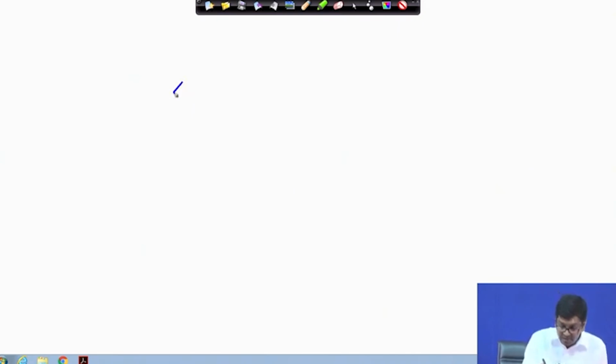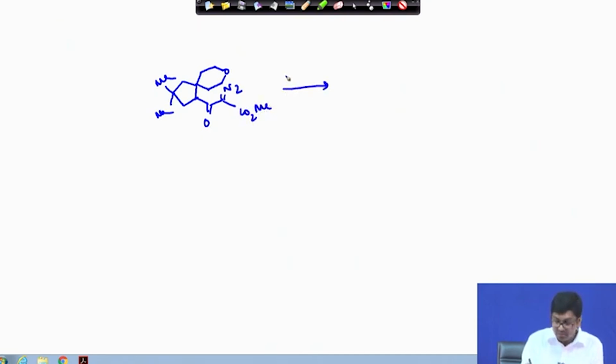Finally, let us see another example where again a diazo compound is the precursor for the corresponding carbene. So, in the presence of a rhodium 2 catalyst, again the CH insertion will happen from here.